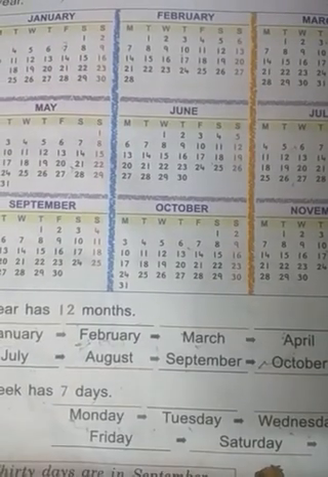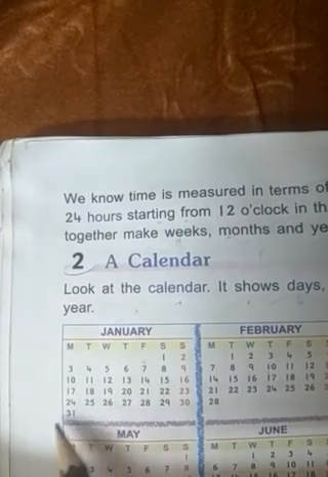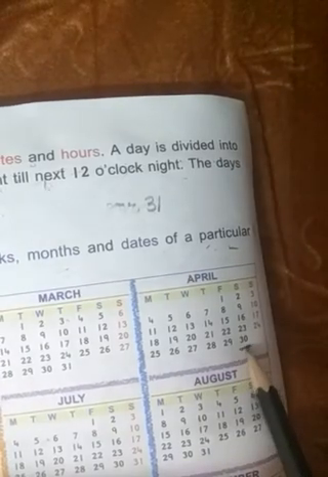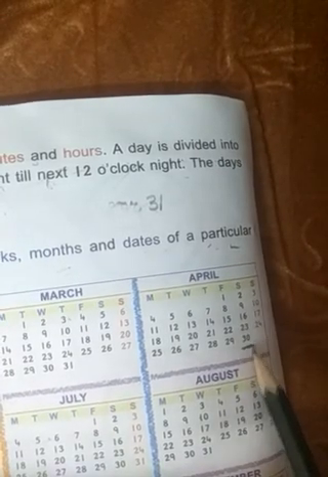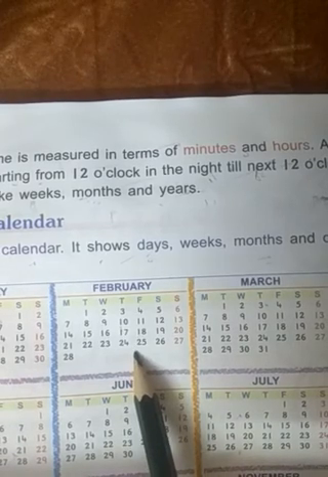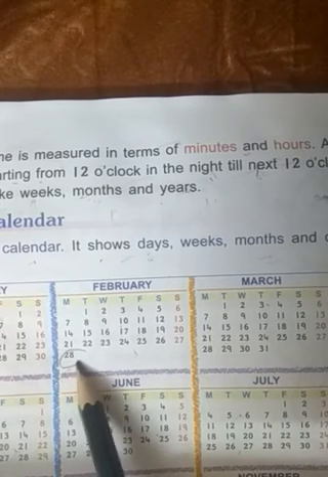But students, keep in mind that 1 month has 31 or 30 days, except February. In an ordinary year, February has 28 days.